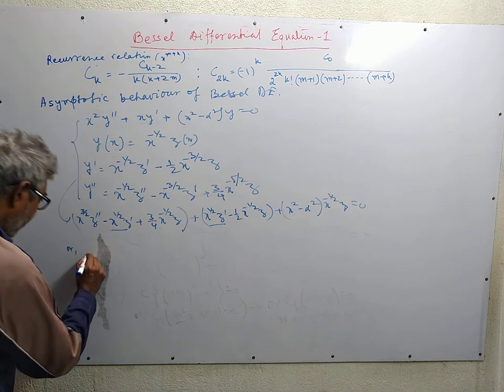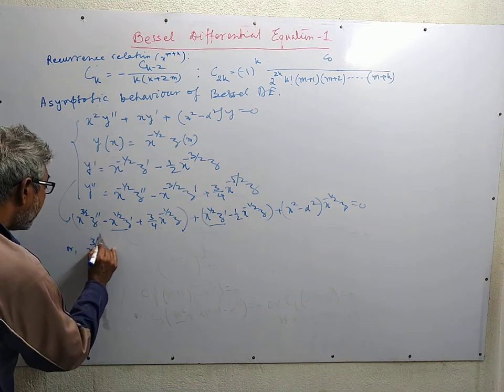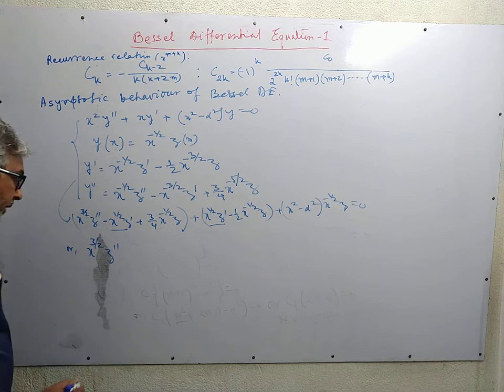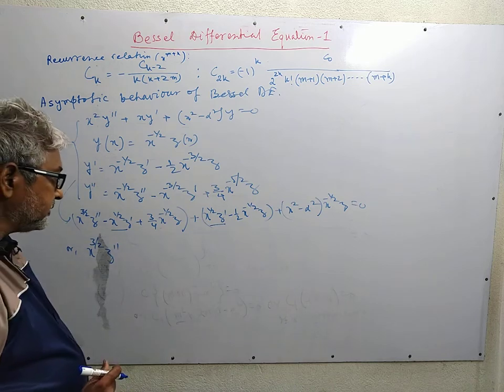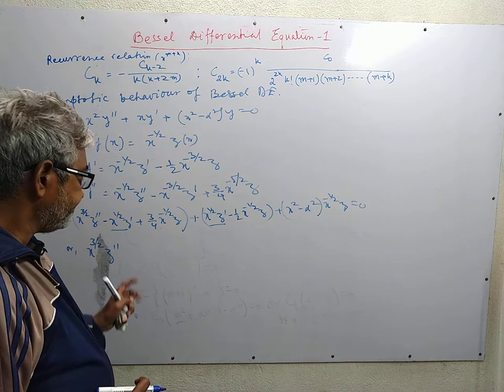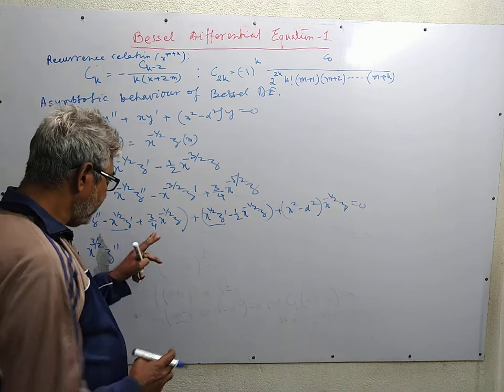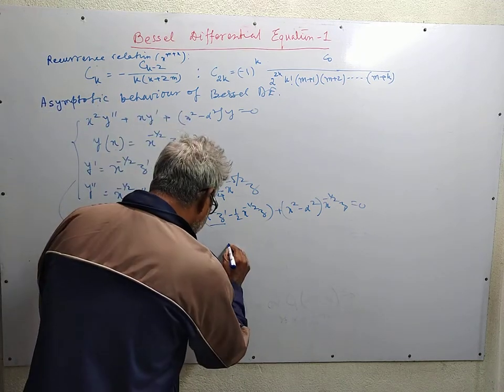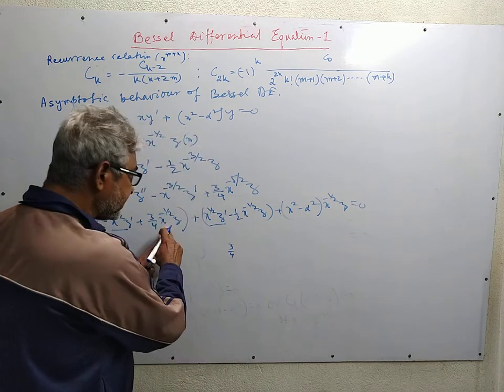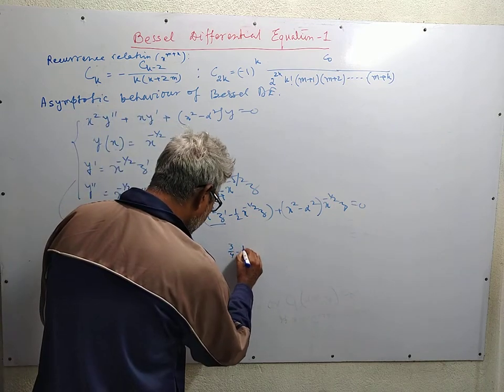So we are left with x to the power 3 by 2 z double prime. Then the other terms are involving z. Consider this term: it is 3 by 4 with plus sign, and this is minus half.